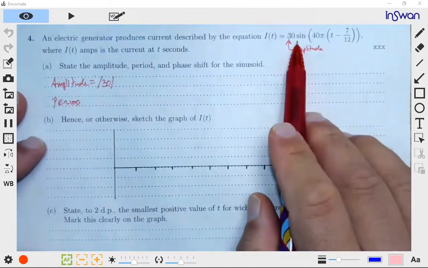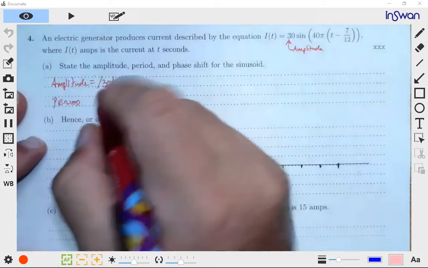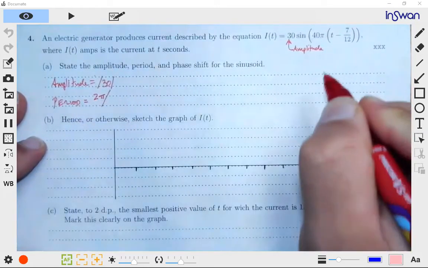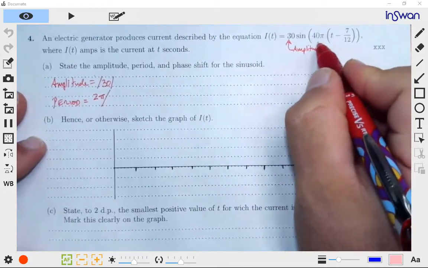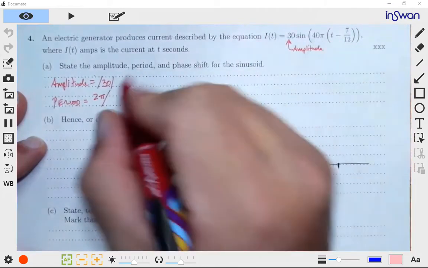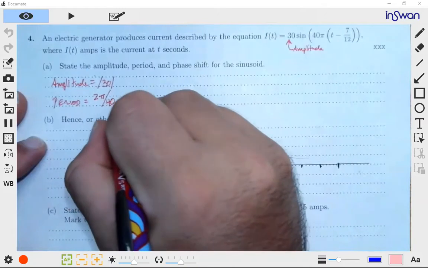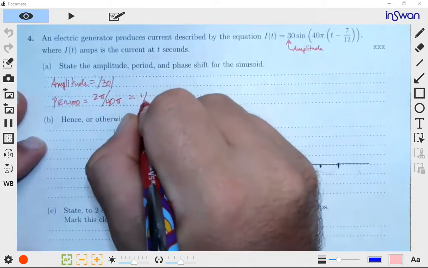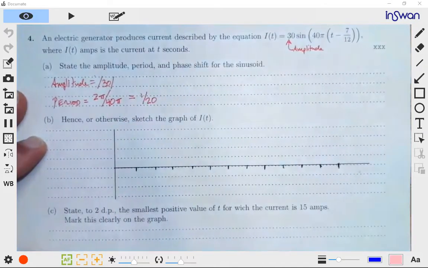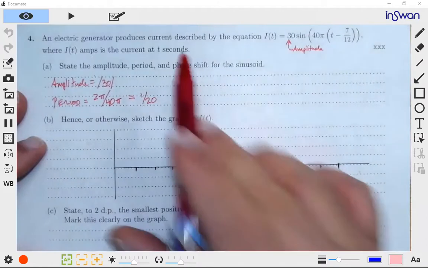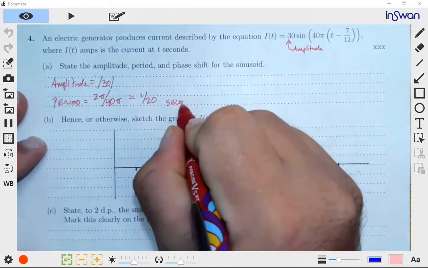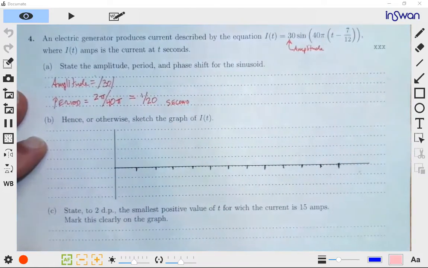This is a sinusoid, so my period is going to be my typical period, 2 pi, divided by the coefficient of my variable, in this case 40 pi. So that would give me 1 over 20 as my period. And the units here are seconds, so this would be 1/20th of a second.